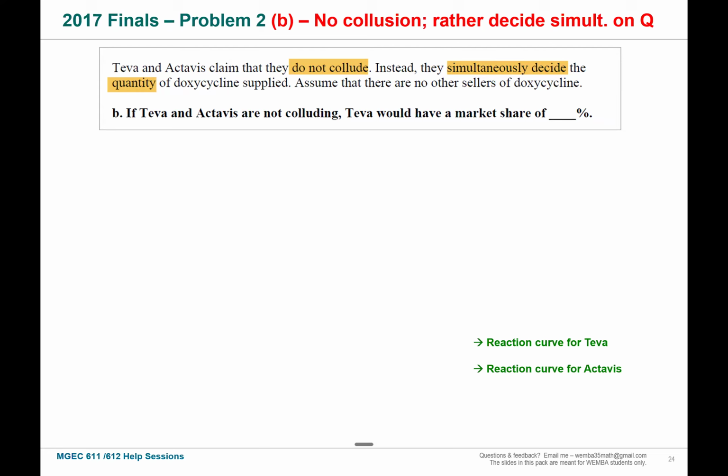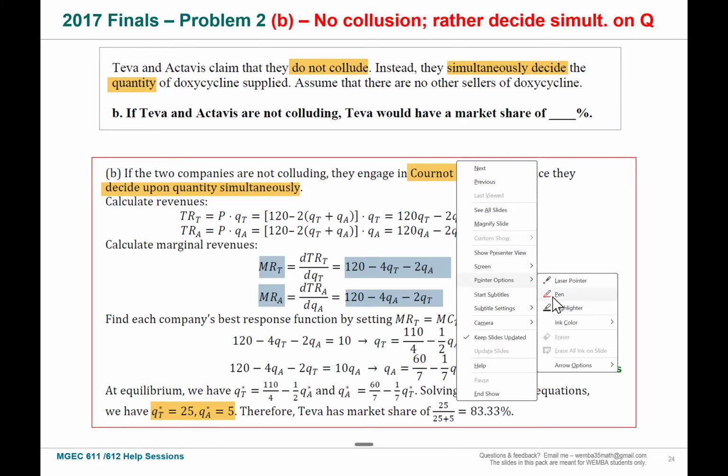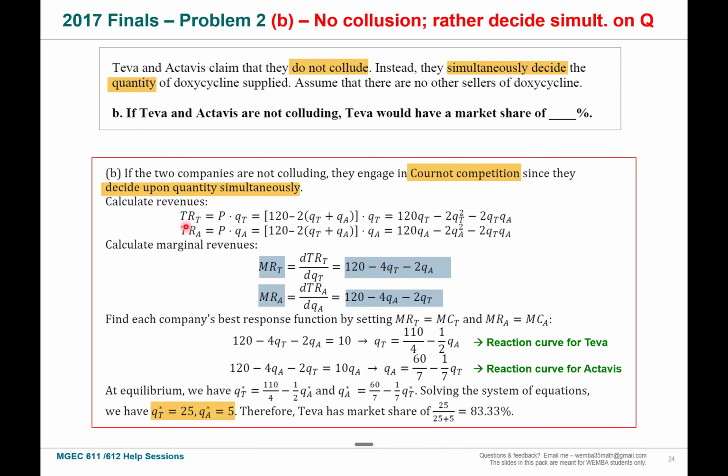What's the algorithm for Cournot? The algorithm was: find the reaction curve for firm 1, find the reaction curve for firm 2, and solve the 2 reaction curves simultaneously. That gives me the 2 quantities. So let's step through this one by one. The reaction curve of Teva is MRT equals MCT. So that's right here. This is the reaction curve for Teva.